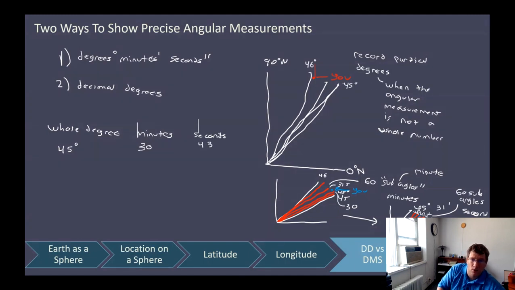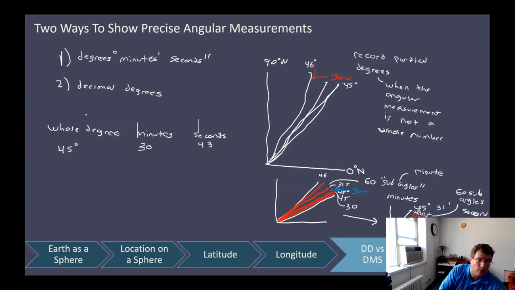So we can measure your angle based on the whole degree, the partial distance to the next degree broken down into 60 subsections called minutes, then the progression to the next minute broken down into 60 seconds.